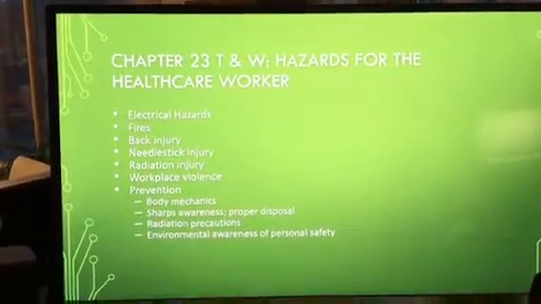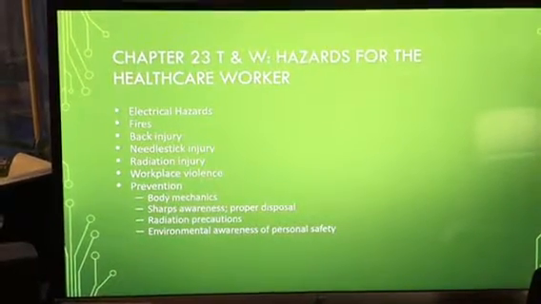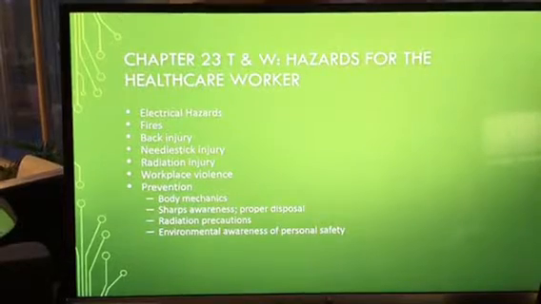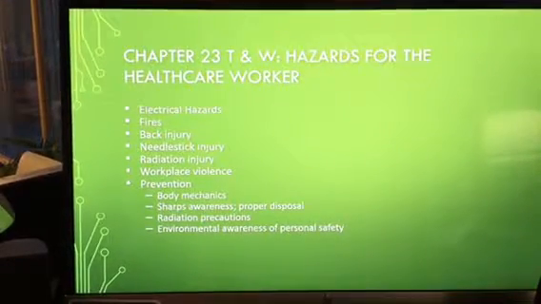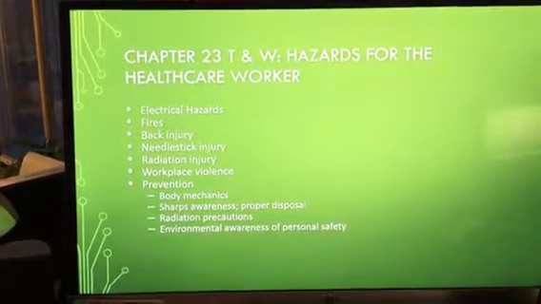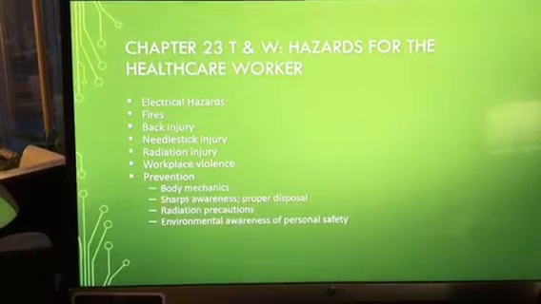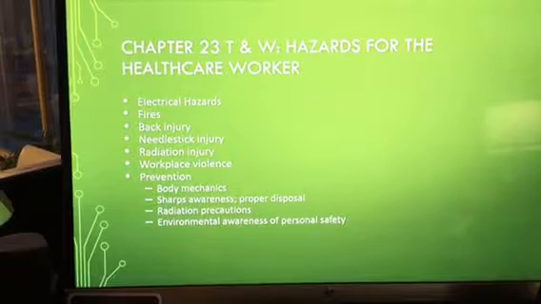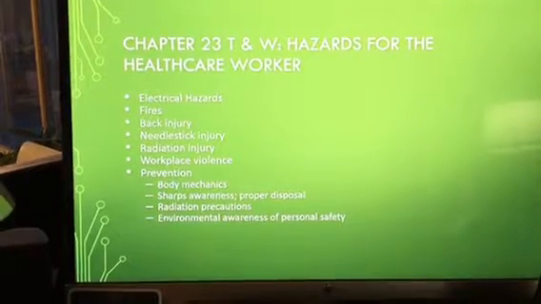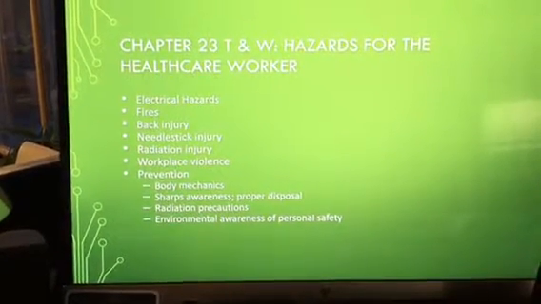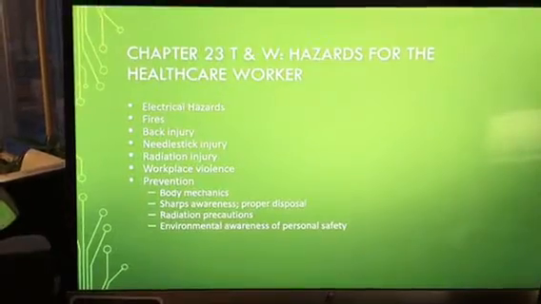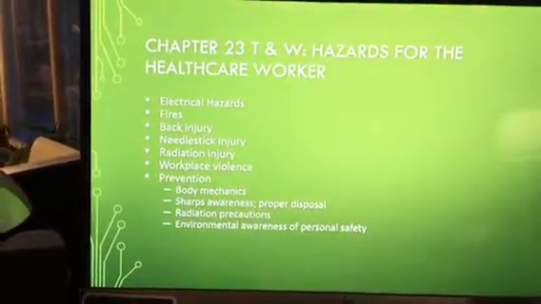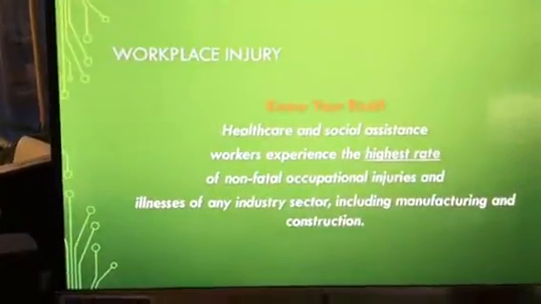We've talked a little bit earlier in this course about incivility and lateral violence, nurse to nurse or healthcare professional to healthcare professional, but in a broader sense, the violence that we can sometimes be exposed to, such as violent patients that we care for or incidents that can happen in the healthcare setting. And then how do we prevent ourselves from getting hurt? We'll cover that as well in this lecture.